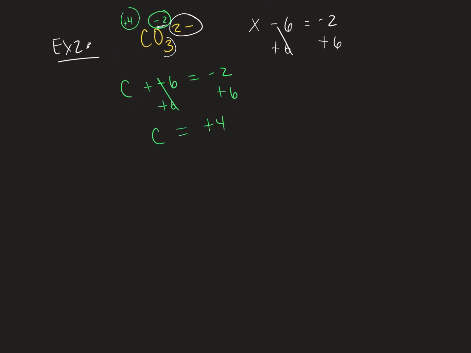All right, let's do another example. So this time I'm going to do a whole compound. We have sodium as a solid plus chlorine as a gas, and we get sodium chloride as a solid. Is this an oxidation reduction reaction?